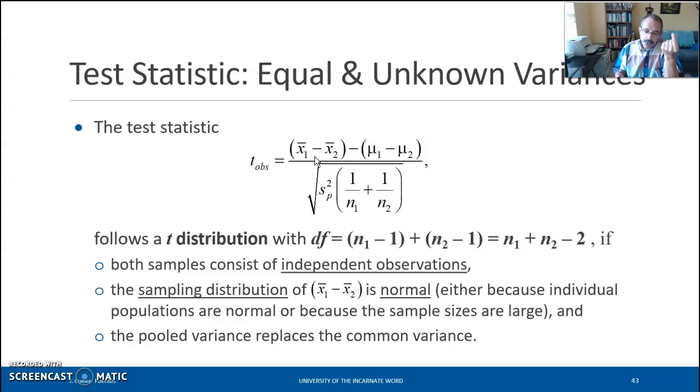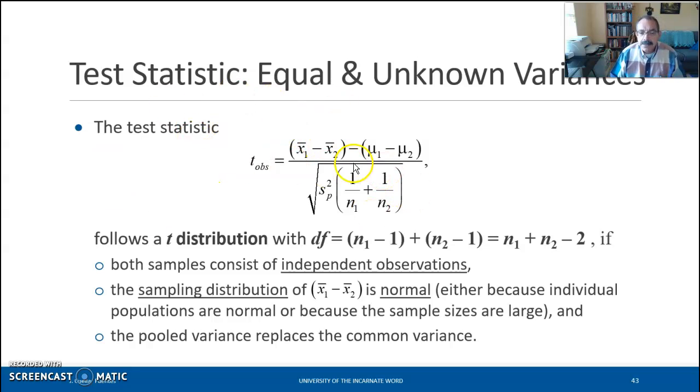So remember, we're using the estimator, the difference of the sample means, minus the assumed difference of means from the null hypothesis. And most of the time that will be 0, but sometimes might not be 0. And then we divide it by the square root of the pooled variance times the inverse of the sample sizes.